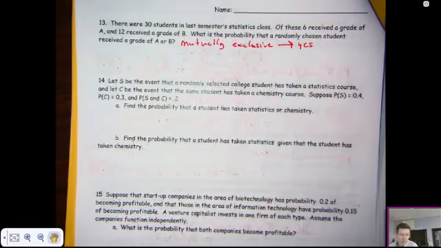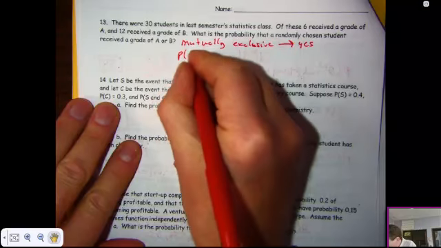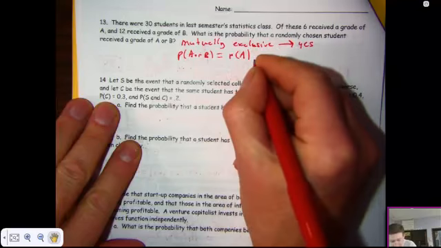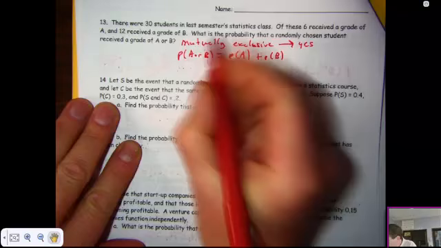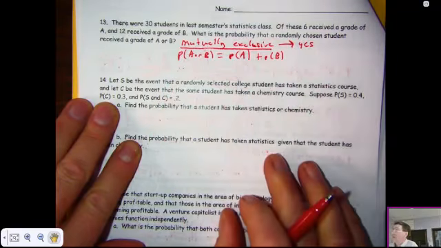Which means which formula do we use? An A or a B would simply just be the probability of A plus the probability of a B. So you have to ask yourself this question first. I get yes, I can use that.